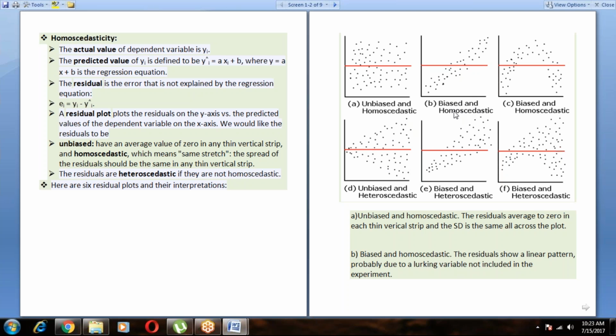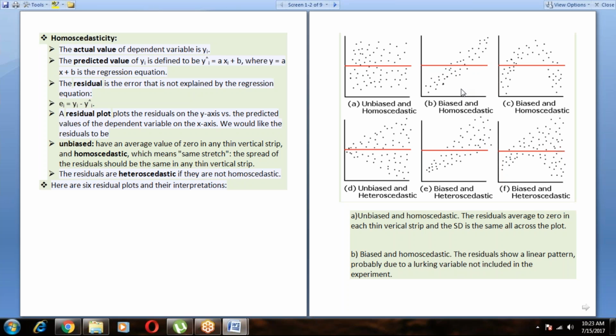Now, biased and homoscedastic. Biasedness means when you have a pattern; unbiasedness means when you don't have any pattern. Here we have a pattern, but you can see it is constant in nature, meaning the variation is not increasing.